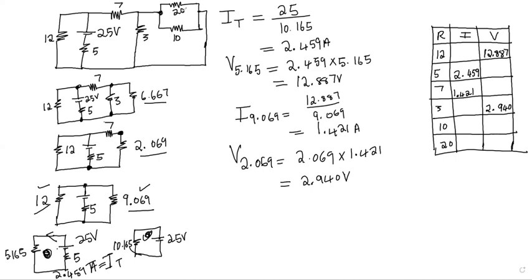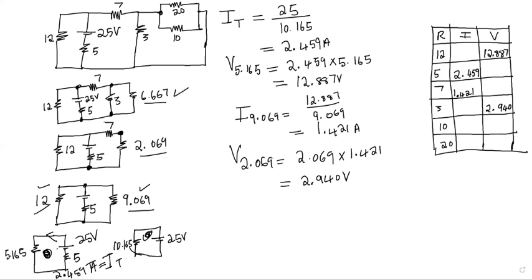And then to get their voltages, to get current and voltage through 20 and 10, first get the voltage. Since they share the same voltage, then we'll get the current after that. So since the 20 and 10 are connected in parallel, we need to get the voltage. What is the voltage across 6.667?